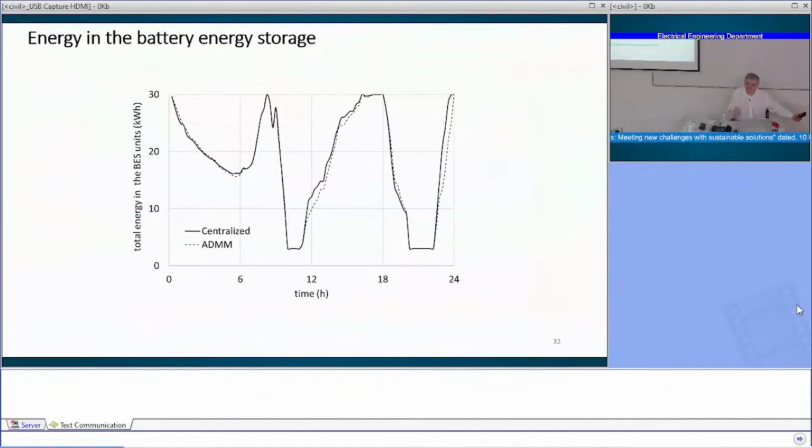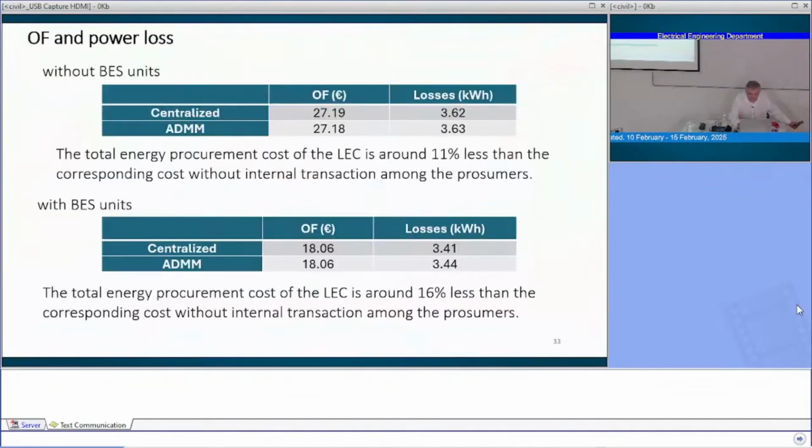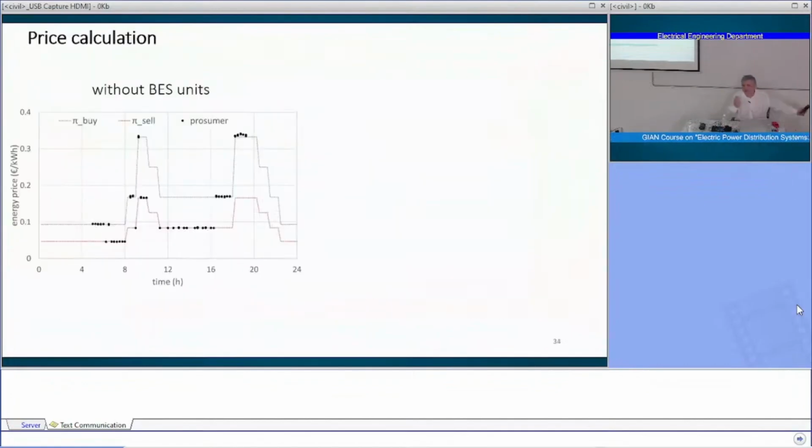You see that both the decentralized and distributed use the storage more or less in the same way. These are the objective function with the cost, so you see that they are very similar, and also for the losses. These are the prices that are calculated. They are practically the same with the distributed optimization and the centralized optimization.